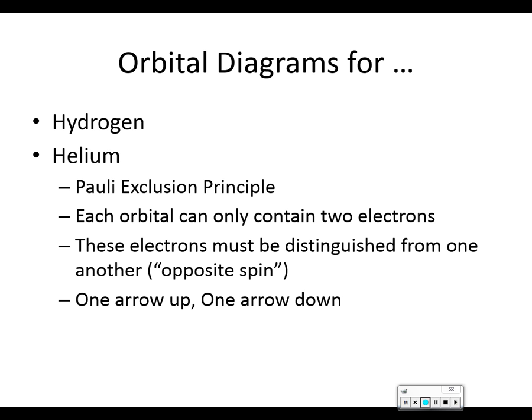It doesn't literally mean that they spin in opposite directions, or that they go around the nucleus in opposite directions from one another. It's a mathematical way of distinguishing one from the other, okay? What that means is, when we draw them on the orbital diagram, one arrow goes up, and the other arrow points down. That's how we tell one electron from the other, okay? All right, good there?